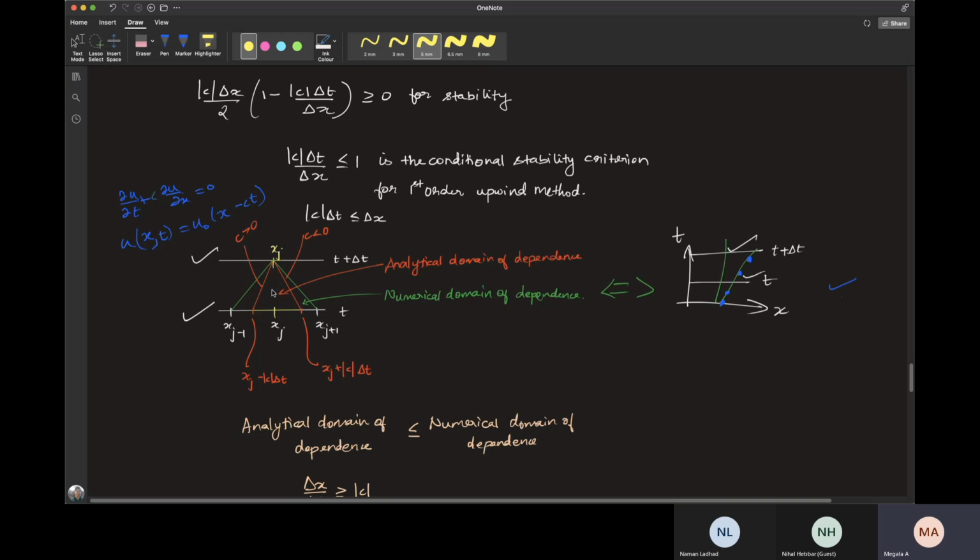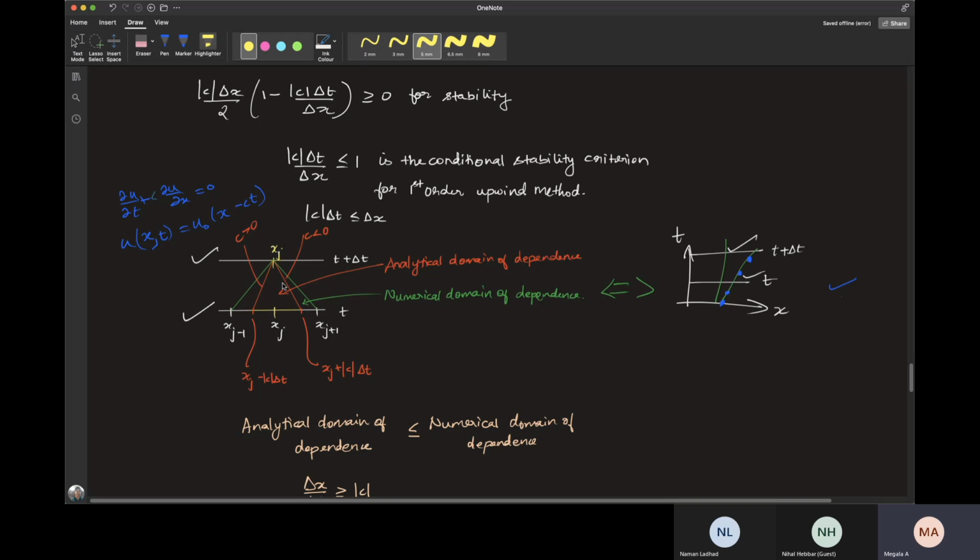All these we have seen when we started with hyperbolic PDEs some time back. We have seen domain of dependence and region of influence and all. So here it's essentially the concept of domain of dependence. So the value of u at xj will be dependent only on u from this region.